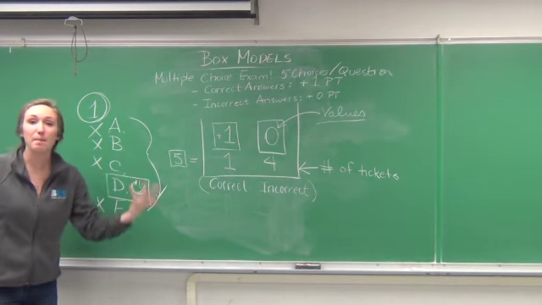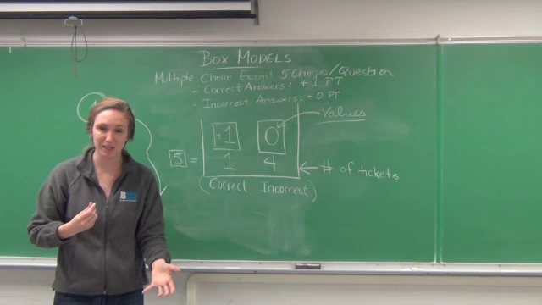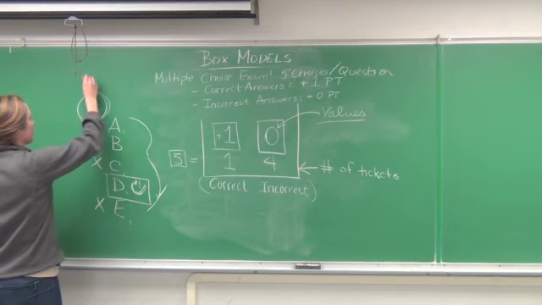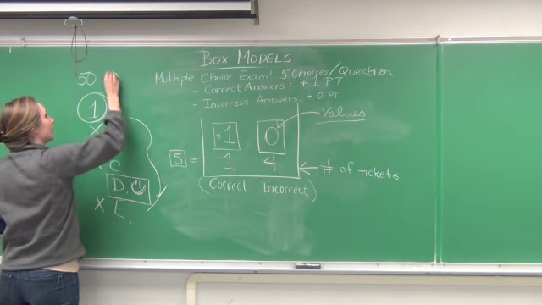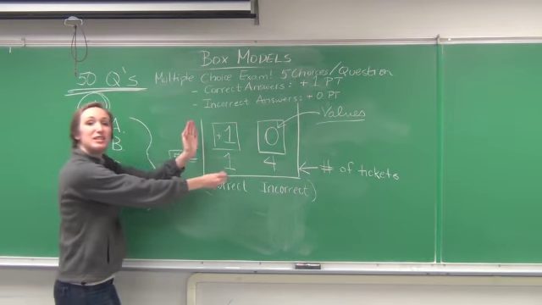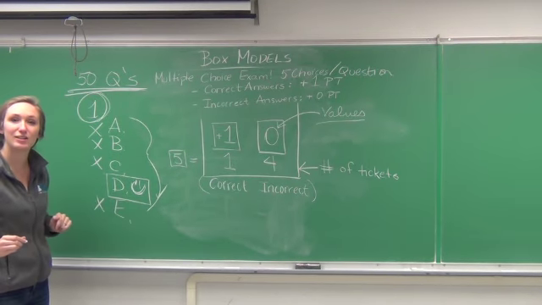Where the actual number of questions would come in handy is the number of times that we draw from this box. Let's say this was a 50-question multiple choice test. This box would still be the exact same, no matter how many questions.